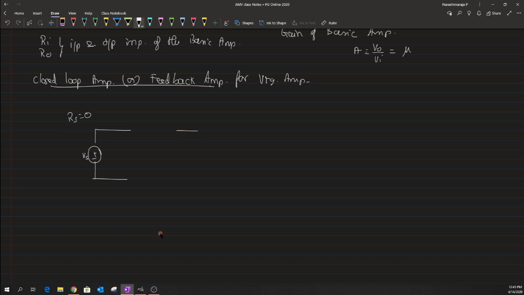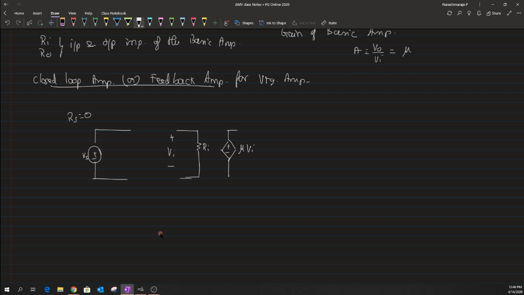Inside this basic voltage amplifier, what we have is a resistance which models the non-ideal behavior of the voltage amplifier, and also it will have a gain which could be written as mu times Vi, where Vi is nothing but the voltage drop across the input port of the basic amplifier.